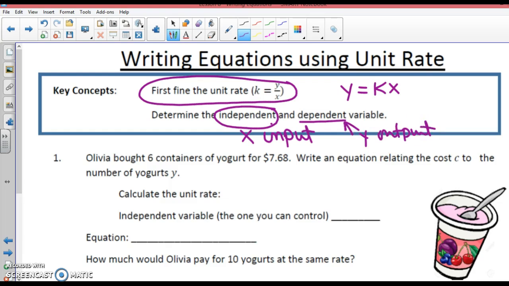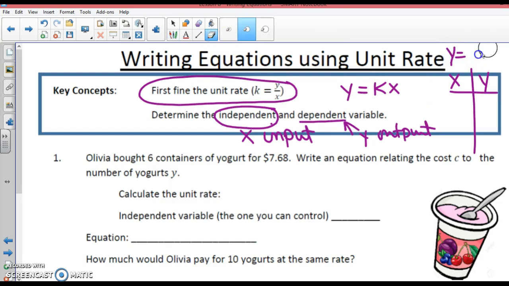If I wanted you to find an ordered pair, and we did a little bit of this yesterday, if I make an XY table, and I want to find ordered pairs that work in this equation, I can pick any x I want. Pretend our equation was y equals 3x. Let's pretend that that's our equation. We found that.